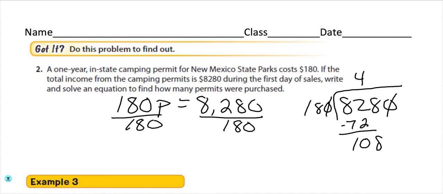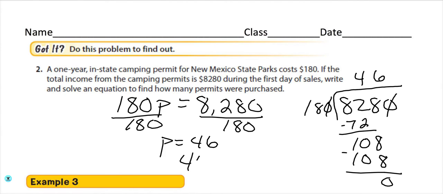There's 10 left over, 108. And then 18 times 6. Yeah, 18 times 6, and that is 108. Okay, so it's 46. So P equals 46, which means 46 permits.